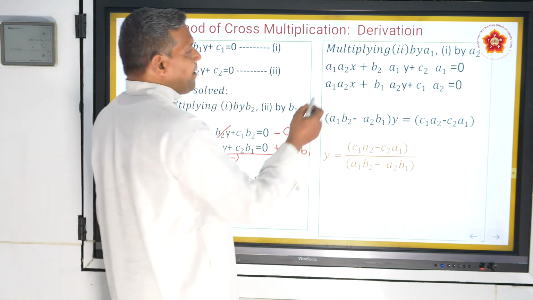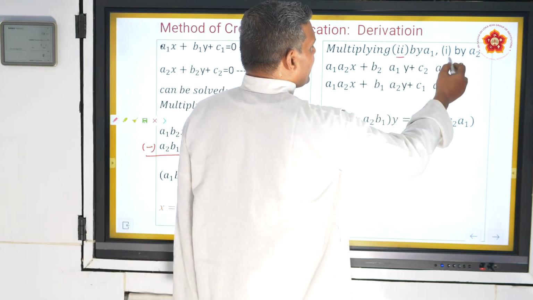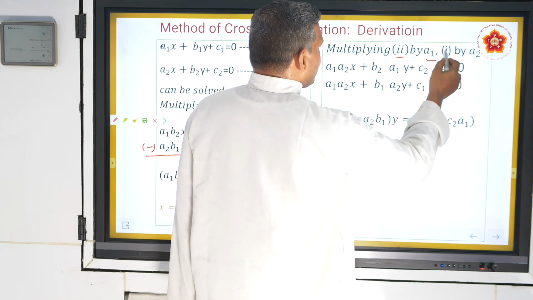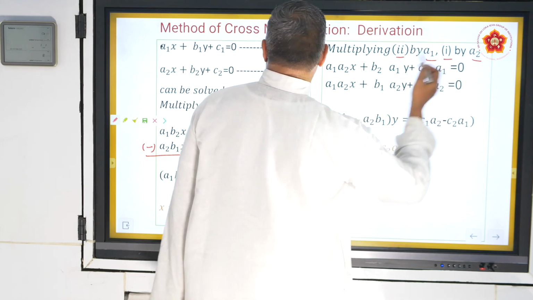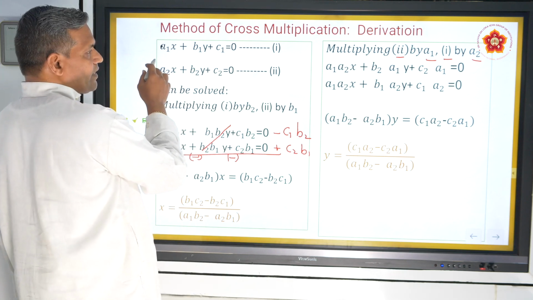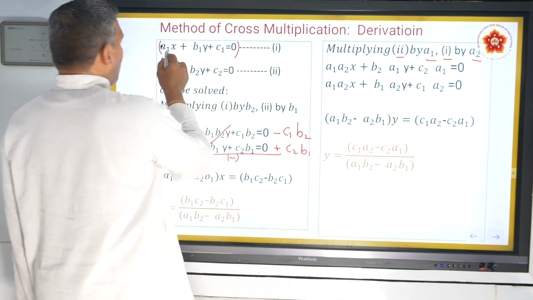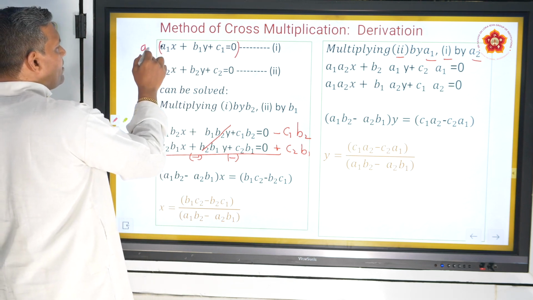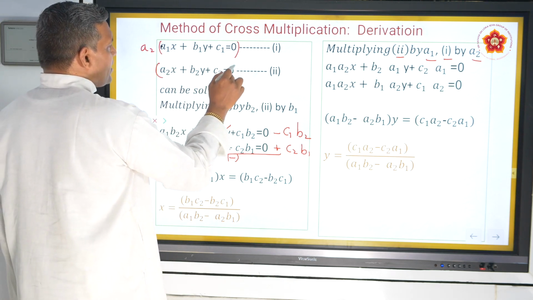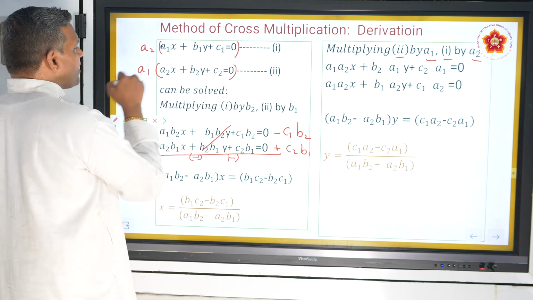Now come back here. Multiplying second equation by a1 and equation number 1 by a2. I do this time reverse, because I wanted to eliminate the x now. So what should I multiply? Already a1 is there, so the whole equation I multiply by a2. Already a2 is there here, so I'll multiply the whole equation by a1.